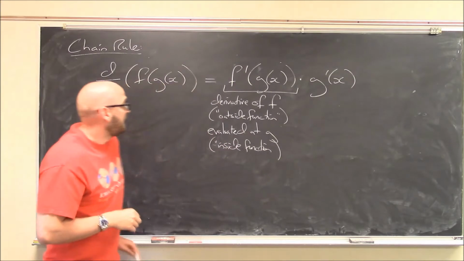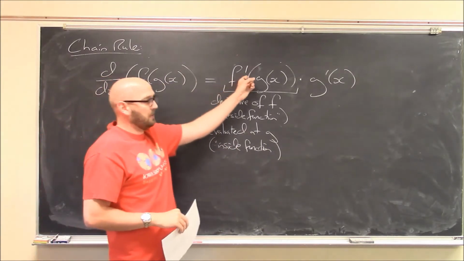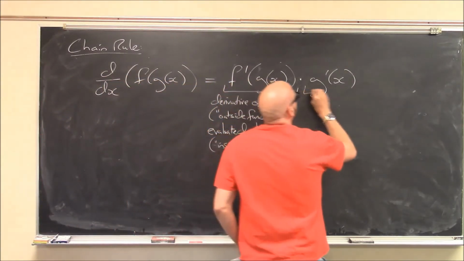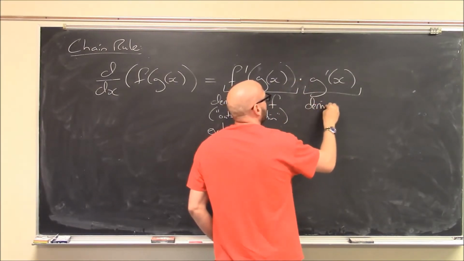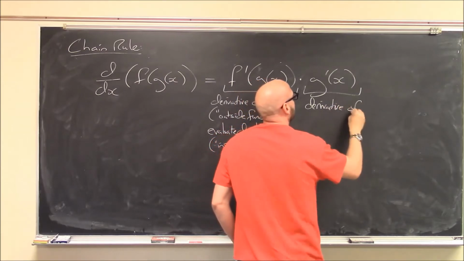But that's only the first half of the chain rule. The first half is you differentiate the outside function. The second half is you multiply by the derivative of the inside, the derivative of g.